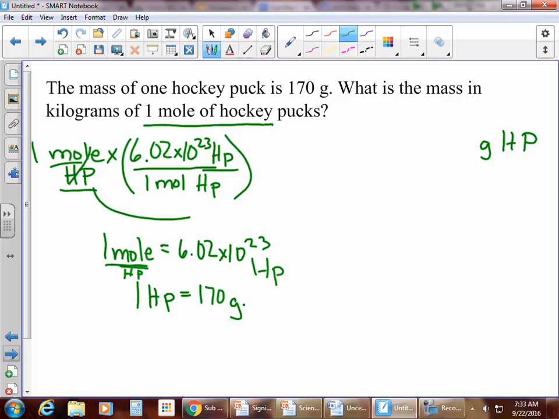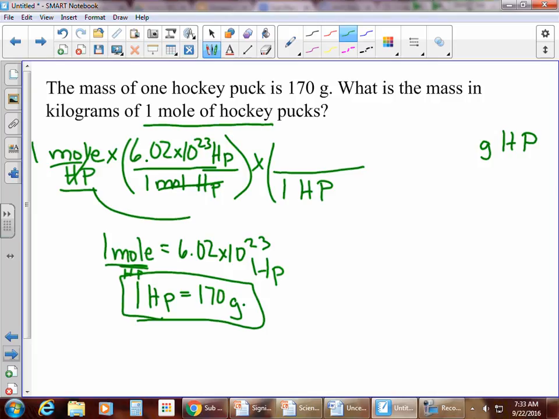This would cancel out with this, but I'm not to grams yet. I want to make sure I get to grams. I have hockey pucks here, and my next equality converts hockey pucks to grams. So I would get 1 hockey puck equals 170 grams. Hockey pucks would cancel out, and I'm going to get grams.